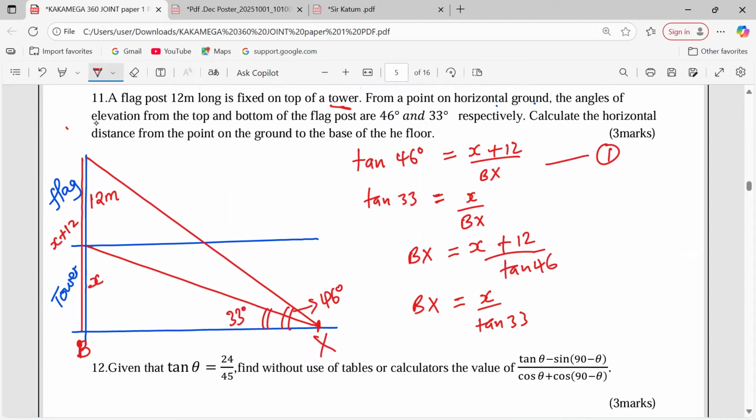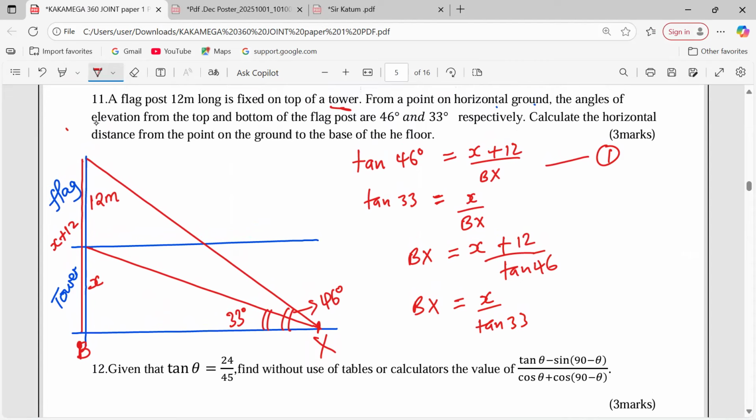Since these are expressions for BX, it is the same length, so we can equate them to get the value of X. When we equate them, we shall have X plus 12 out of tan 46 being equal to X out of the tan of 33, like that.